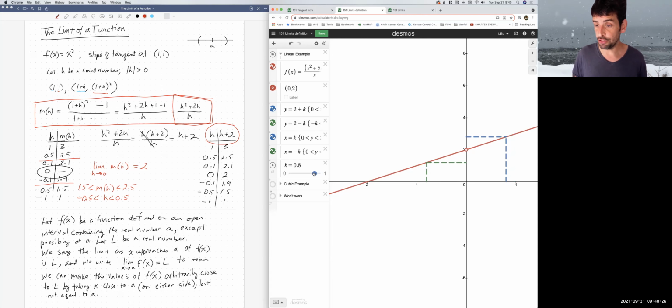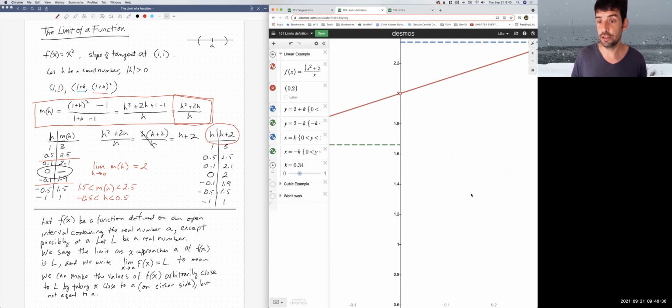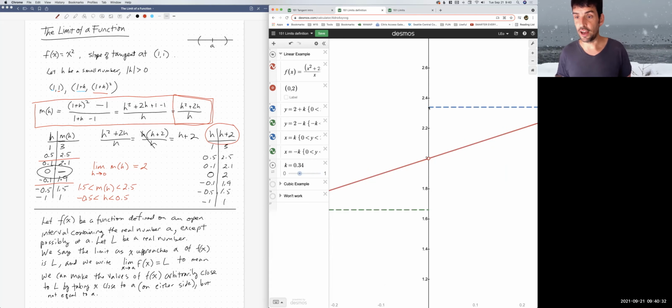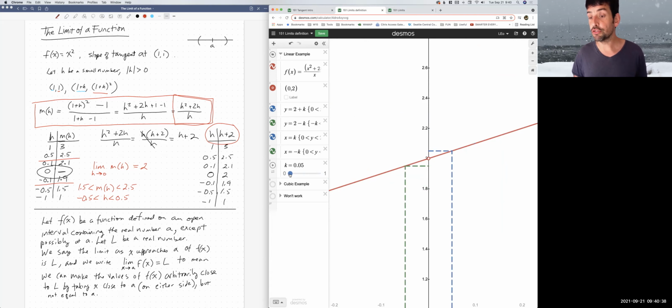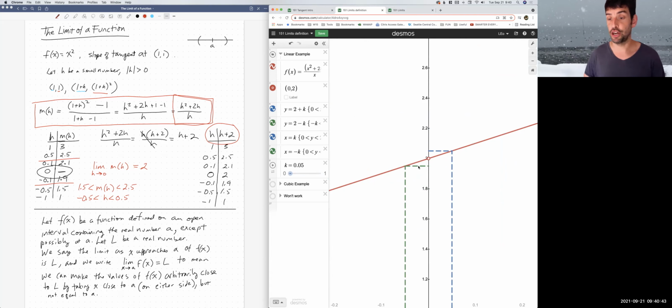And no matter how small a challenge you give me, right? So now we've got this upper bound, the blue line, saying I want to make sure how close the function is to the value 2. So now I've got 5/100ths. I'm asking you to make sure the function is less than 5/100ths away from 2.